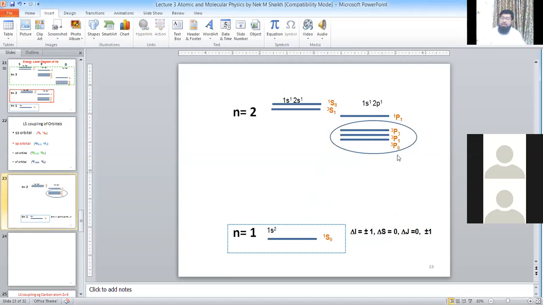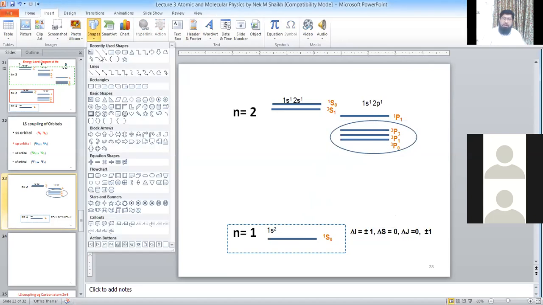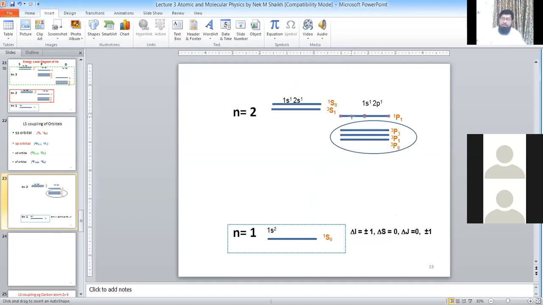So the only possible level for the transition of the electron is from this level, which is the 1p level, to this level. This is the only possible transition here.